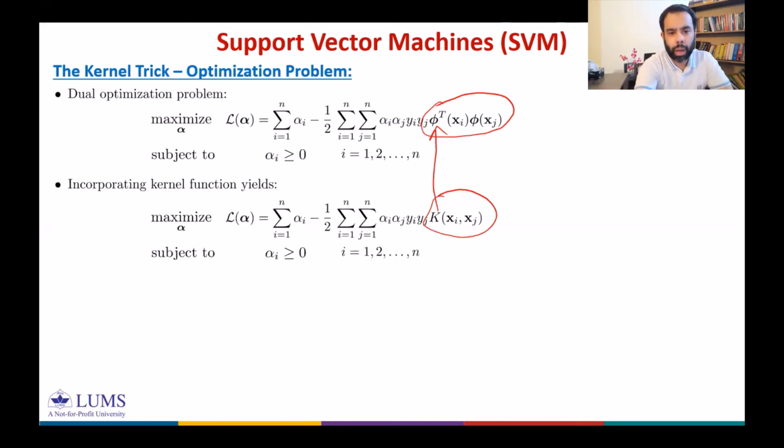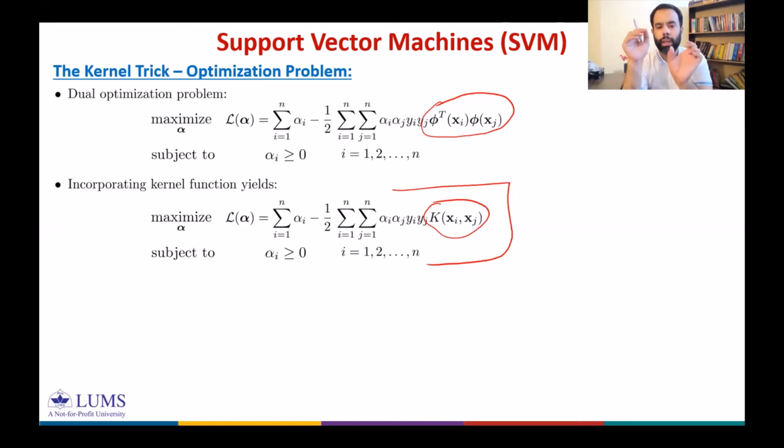But in this equivalent formulation, we can compute this inner product very, very efficiently. For example, if you're using the Gaussian kernel function, you simply need to compute the Euclidean norm of xi minus xj divided by sigma squared, or times gamma, and raise the exponent to the negative of that quantity.